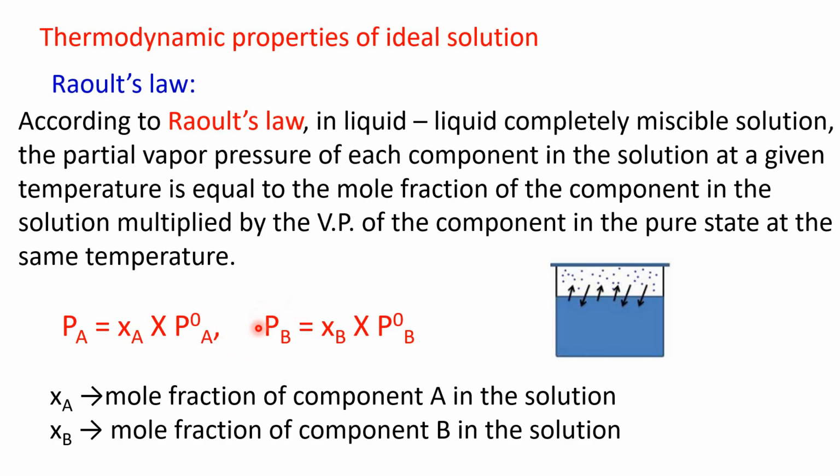Similarly, the partial vapor pressure of component B will be the mole fraction of component B in the solution multiplied by the vapor pressure of component B in the pure state at the same temperature. That is Raoult's law, and Raoult's law is obeyed in an ideal solution. So, now we will do the derivation of this Raoult's law.